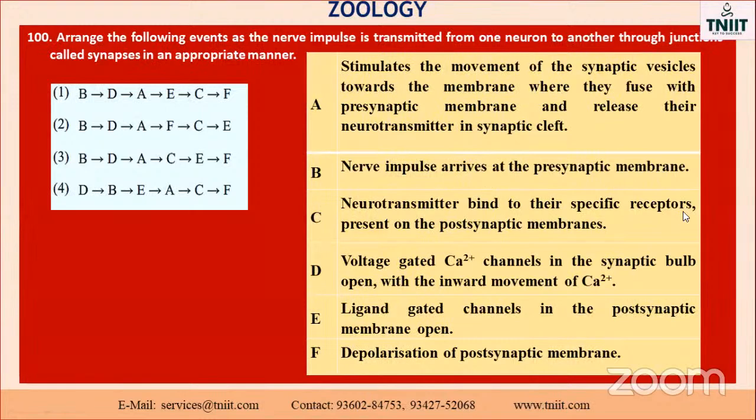Neurotransmitter binds to its specific receptor present on the postsynaptic membrane. Voltage gated calcium channels in the synaptic bulb open with the inward movement of calcium. Okay. And ligand gated channels in the postsynaptic membrane open. Depolarization of postsynaptic membrane. Which one is here? The option is first C, here B. The B is the first one.